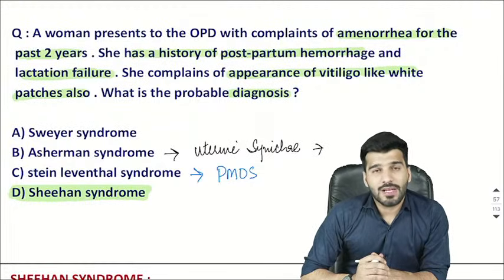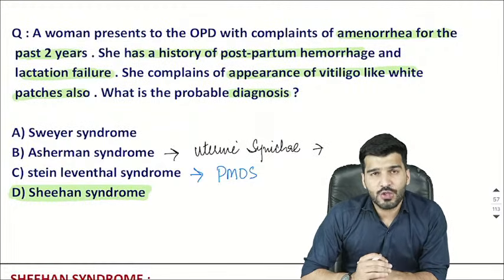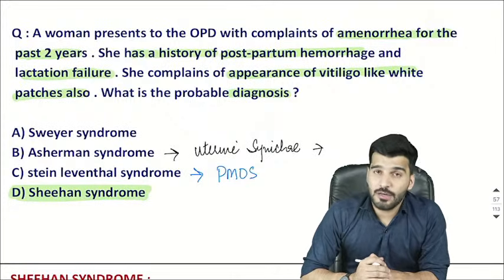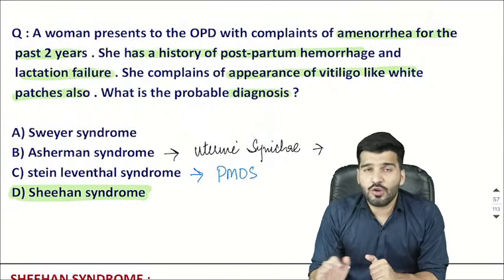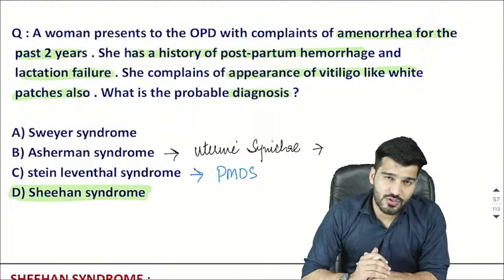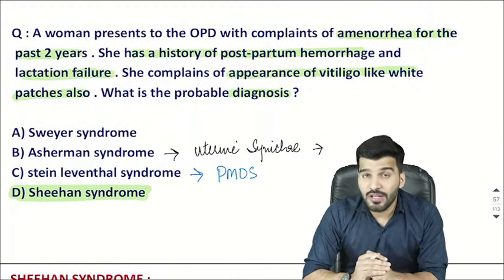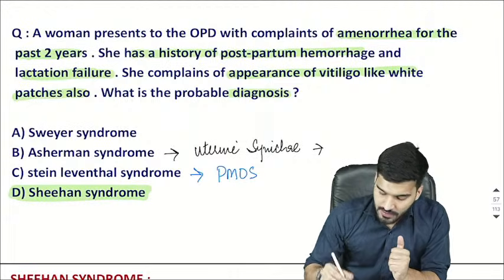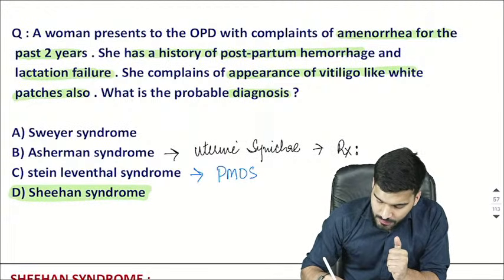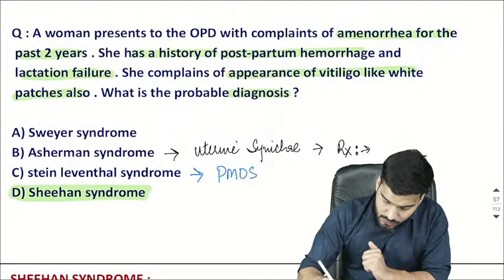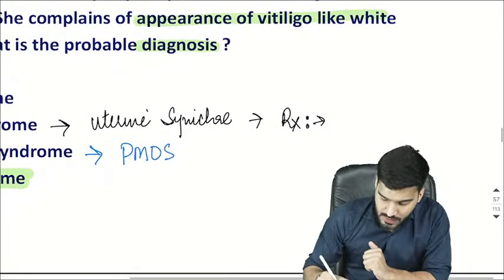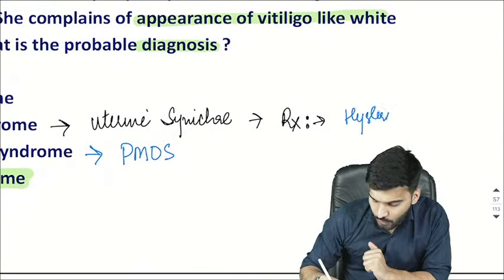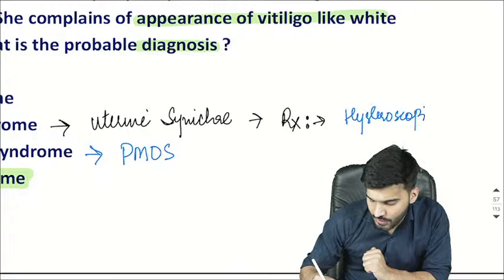Clear? So there are only adhesions present over there, due to which a patient has amenorrhea. There is nothing wrong with the hormones. So if a question mentions that even after estrogen and progesterone there was no bleeding seen, think of Asherman syndrome, because the treatment for Asherman syndrome is going to be, very good, write down in the chat box. If adhesions are there, I will go with hysteroscopic adhesiolysis.